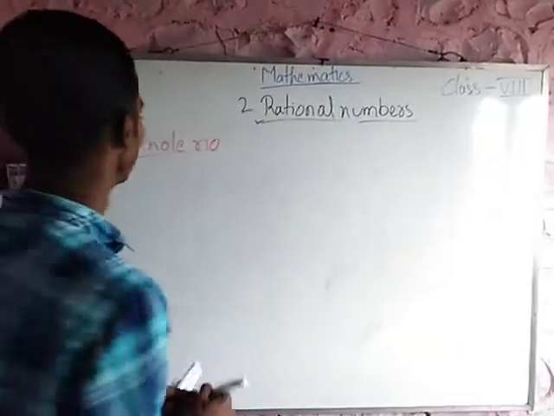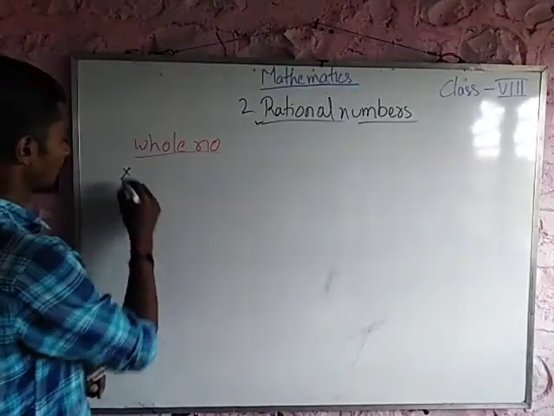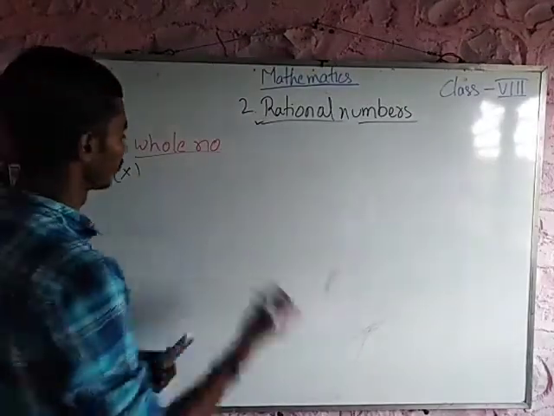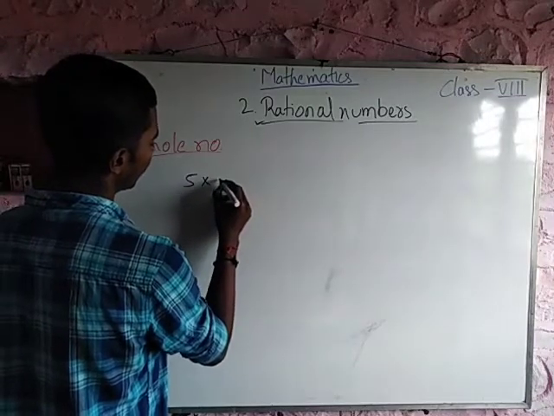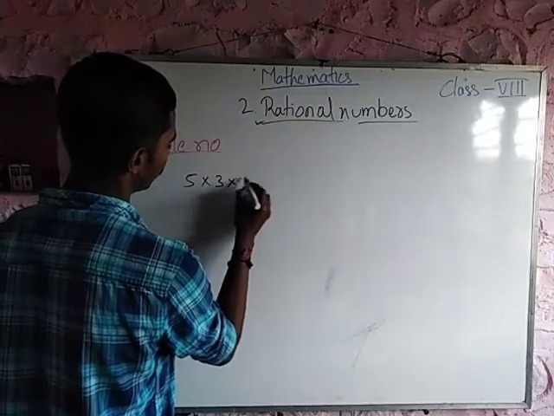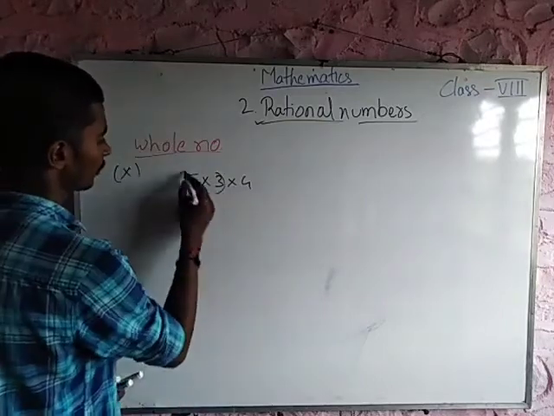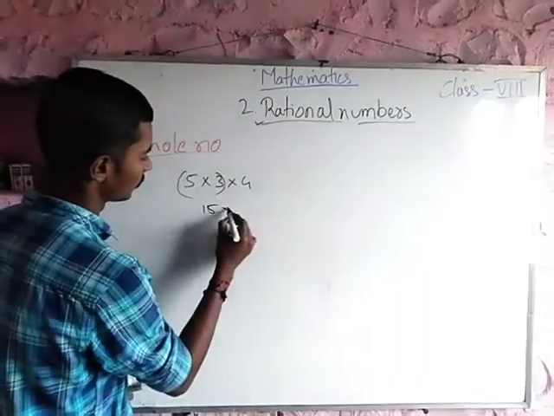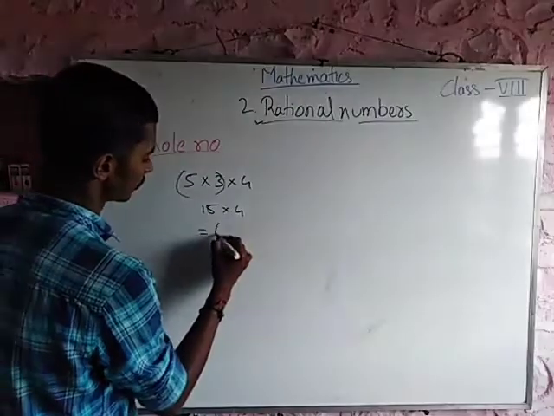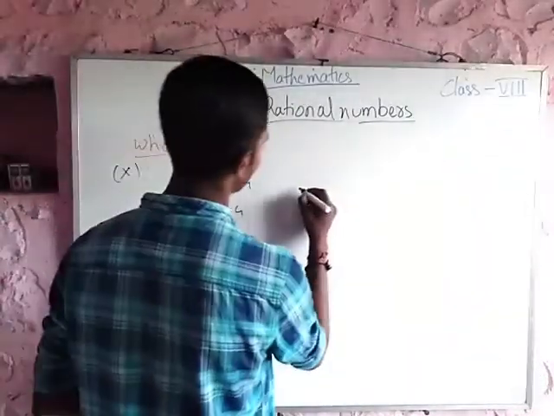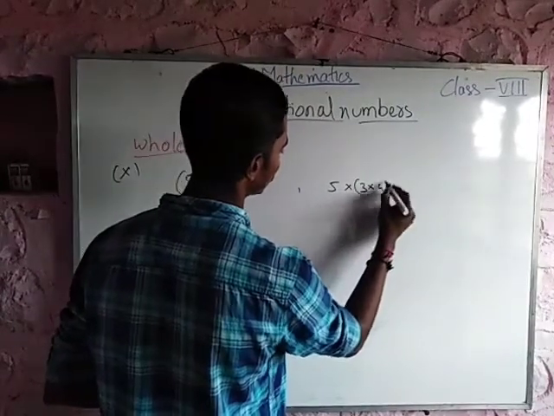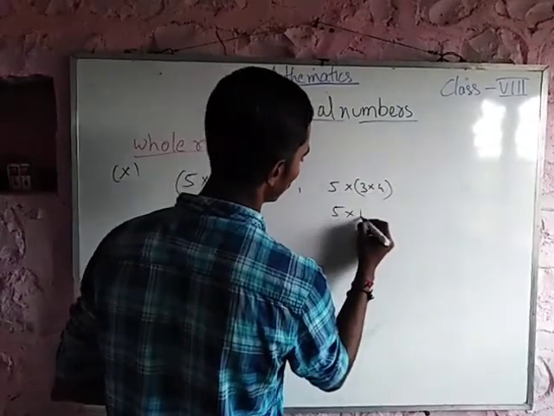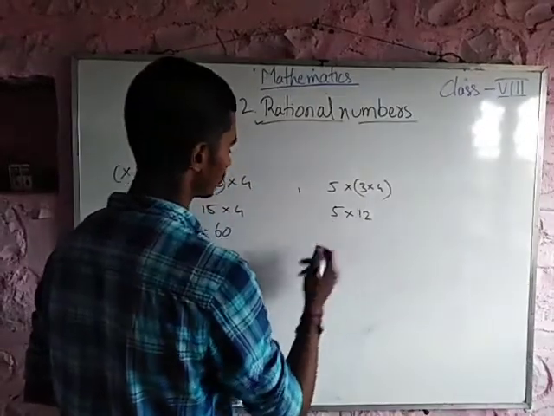And now we will move on to multiplication. Okay, example 5 into 3 into 4. First way, 5 3s are 15, into 4 will give me 60. 15 4s are 60. Second way, 5 into 3 into 4 is 5 into 12. 12 5s or 5 12s are both the same.